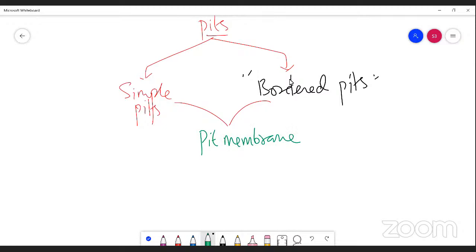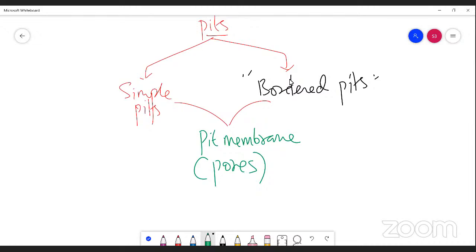Actually, what are pits? Small minute pores, which are located in the primary and secondary cell wall, right? These pores are created by the middle lamella and are essential for transporting cellular material, or cellular matrix, from one cell to another cell.